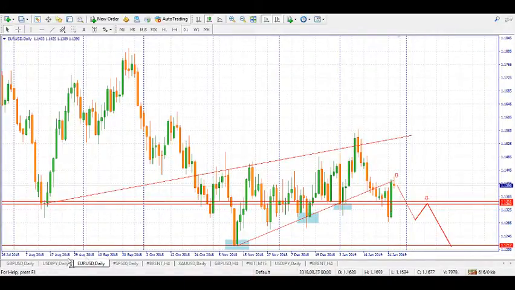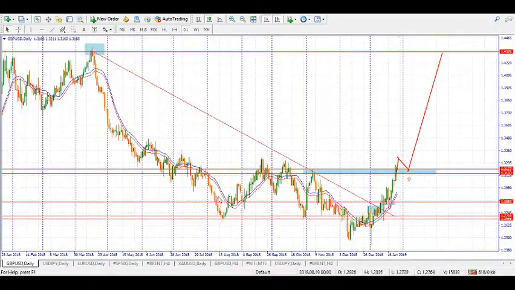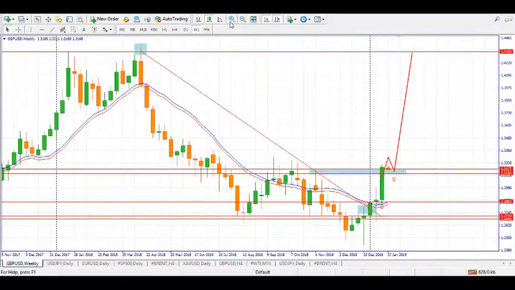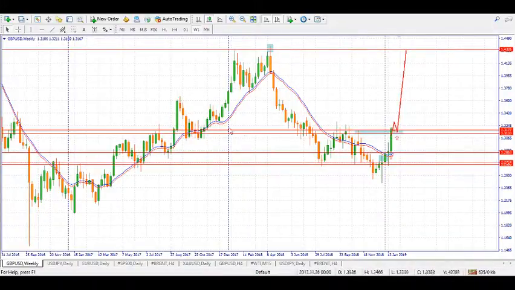So we move to the next chart, which is GBP/USD here. I love to look at this one from the weekly point of view, because this is the beginning of the week. On the weekly chart, other than this trend line which I had on the daily, there's a level here which is very significant that has been broken. We have a resistance, then price went above it, came back to the same place, being held.